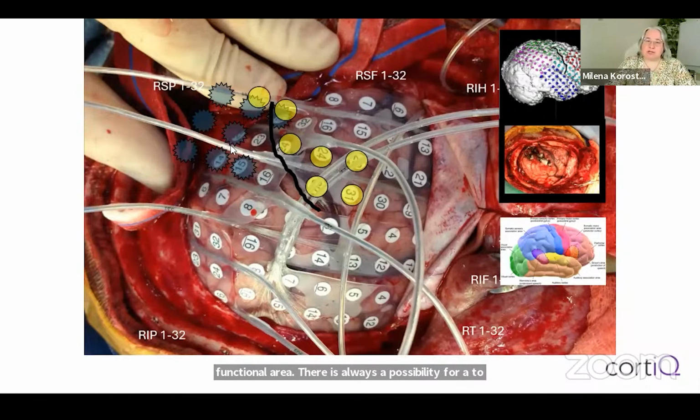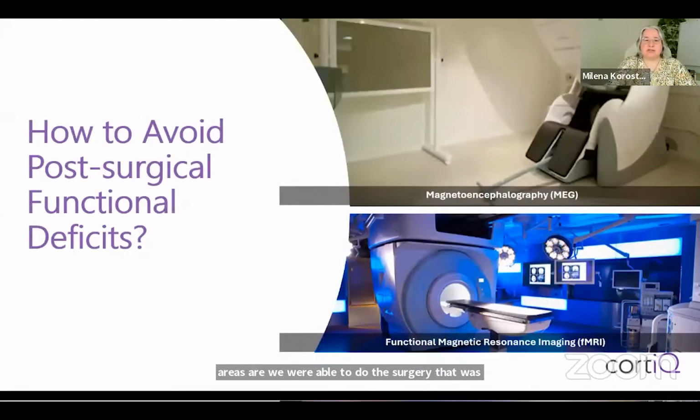Like you see here, here's the seizure onset zone, and here we have motor function in yellow. So there was a partial overlap, but because we determined where each of those areas are, we were able to do the surgery that didn't cause significant post-surgical deficits.